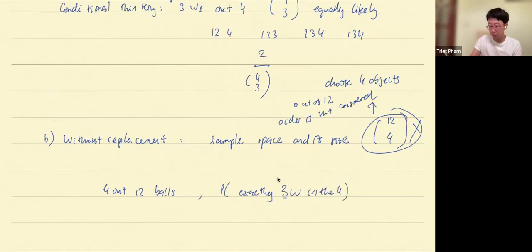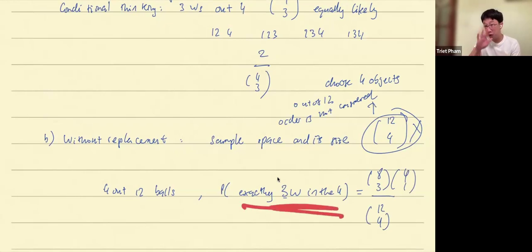Why? Because it will be 12 choose 4 at the bottom, and then you want 3 whites, so out of 8 you choose 3, and out of 4 you choose 1. Does it make sense? Because this language does not refer to the first ball being white or the second. When you say first, second, third, fourth, you are referring to order. Does it make sense? So that's what I'm trying to say.